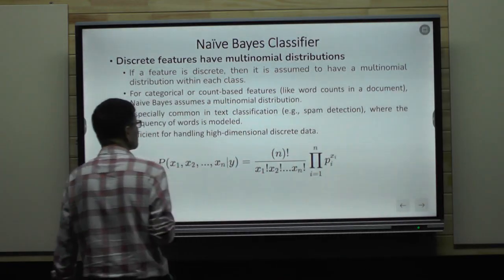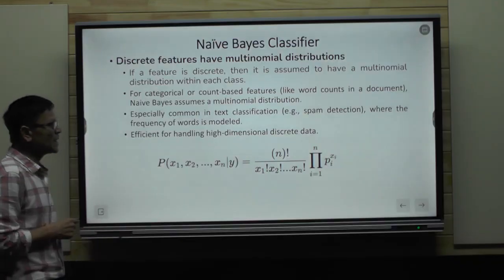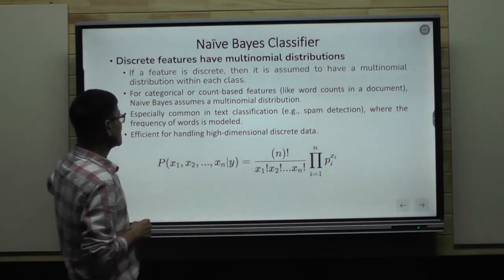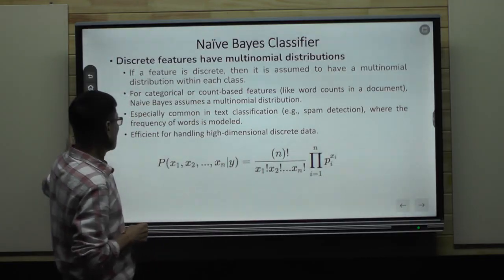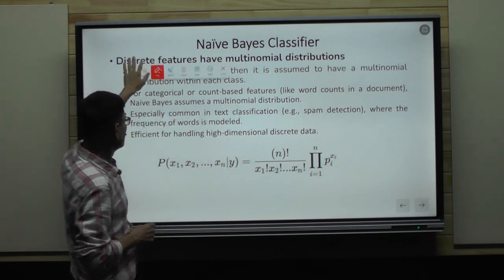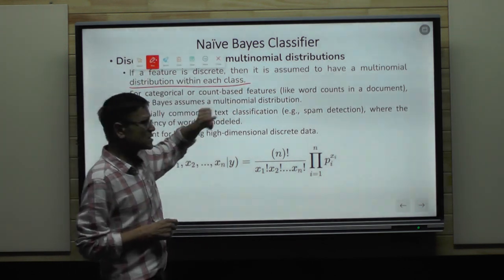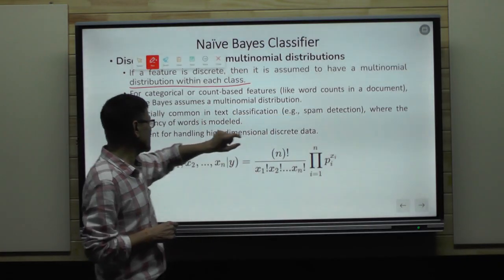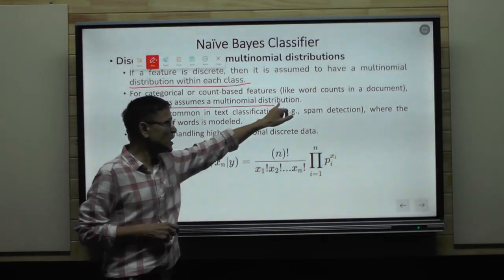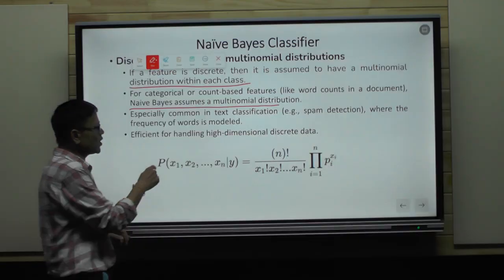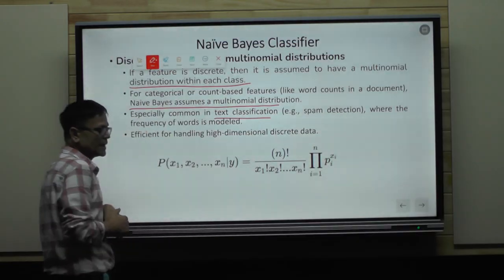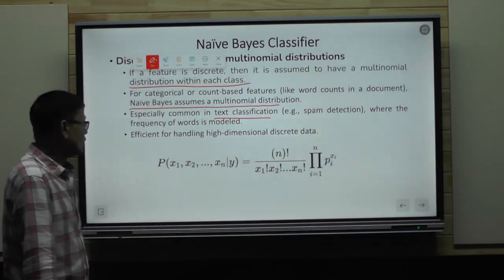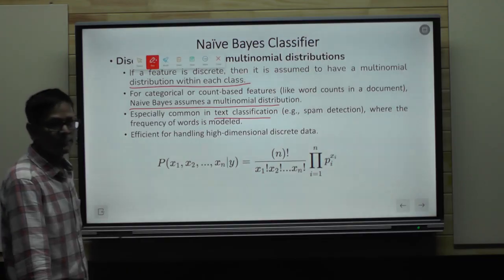For discrete features, we have the multinomial distribution. If the feature is discrete, it is assumed to follow a multinomial distribution within each class. For categorical or count-based features like word counts in a document, naive Bayes assumes a multinomial distribution. This is especially common in text classification, such as spam detection, where the frequency of words is modeled.